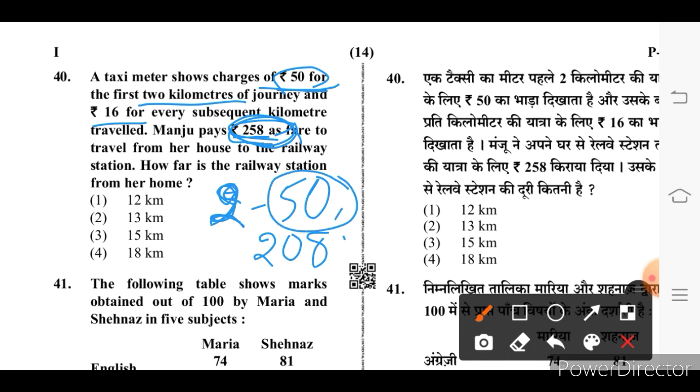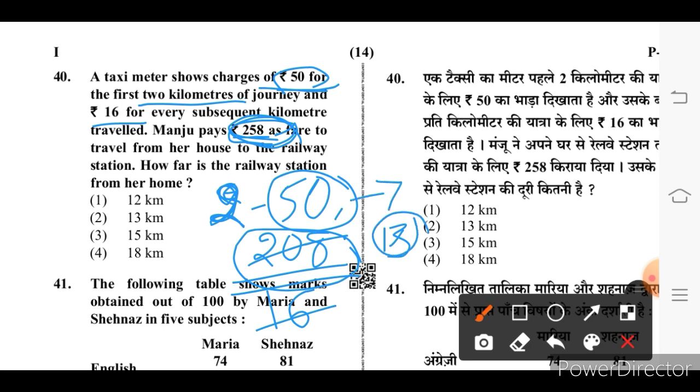So remove 50. Remaining rupees is 208. From this 208, how many 16s are there? 16 ones are 16. 16 3s are 48. 13 kilometers plus 2 kilometers. Total is 15 kilometers. So third option is correct.